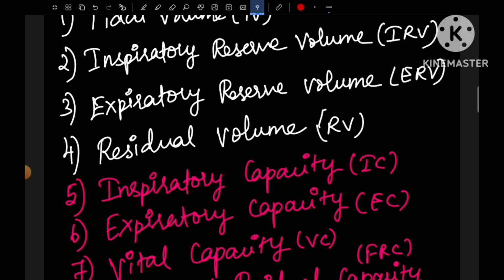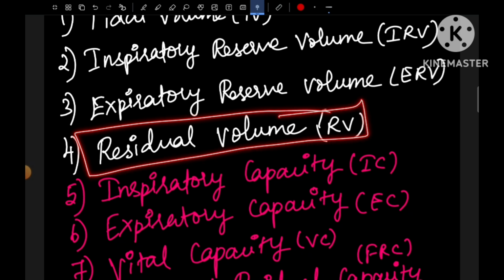Forced expiratory volume is when you try to expire maximally, the maximum amount you can expire. Even after that, there will be some amount of air left in the lungs. That is this residual volume.